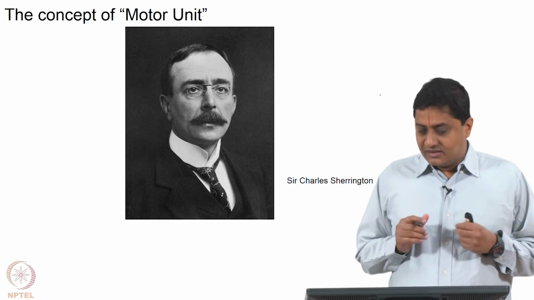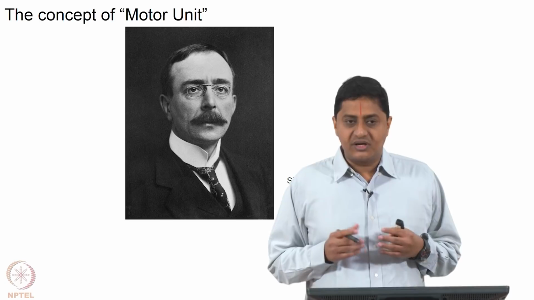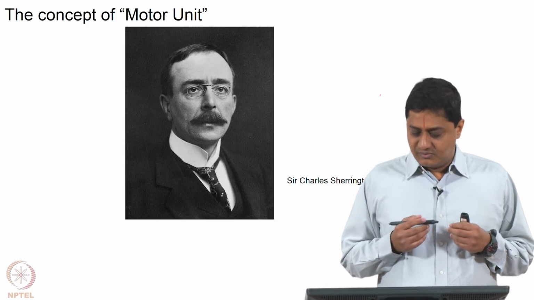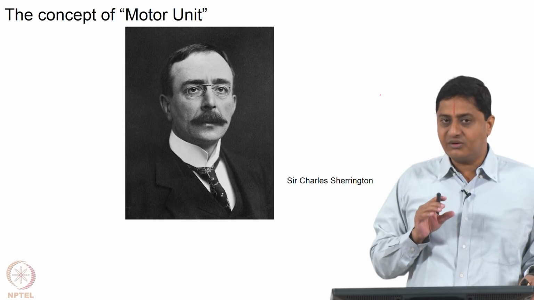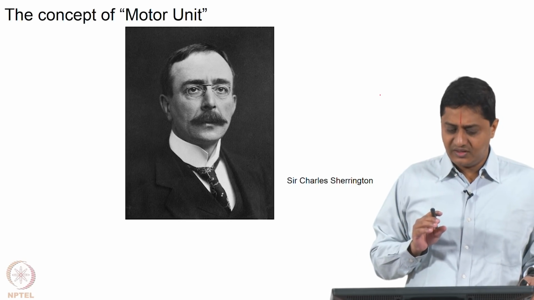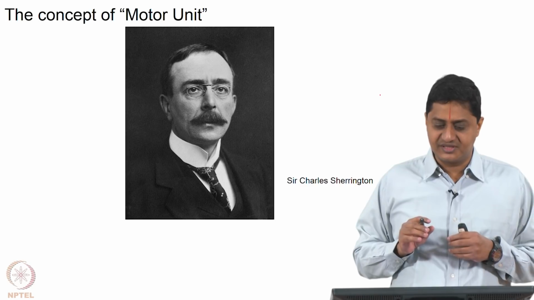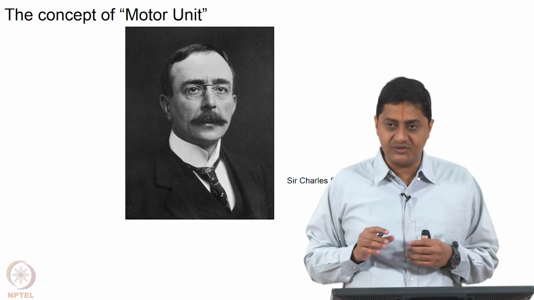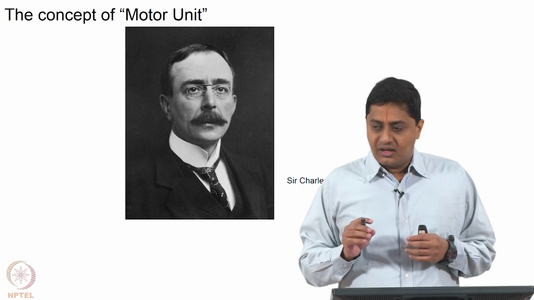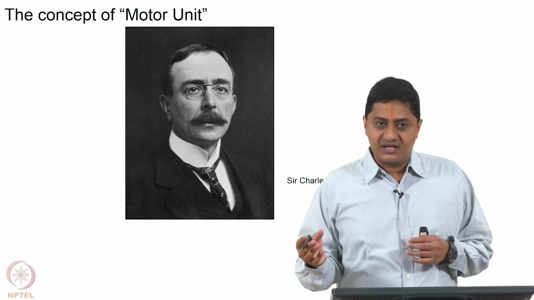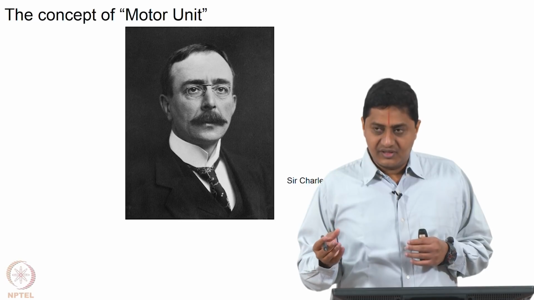Long ago, about 100 years ago in 1925, Sir Charles Sherrington said that motor neurons control muscle fibers in a particular fashion. What he said was that motor neurons control several muscle fibers attached to them, innervated by them.